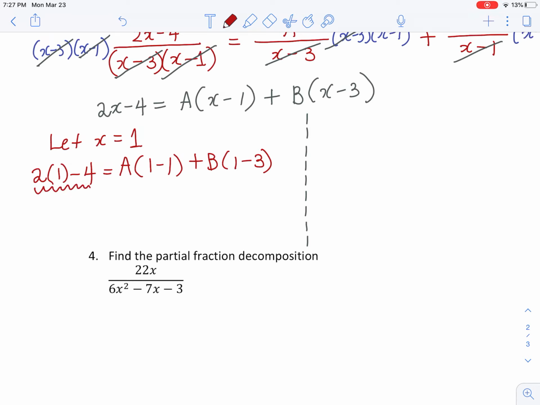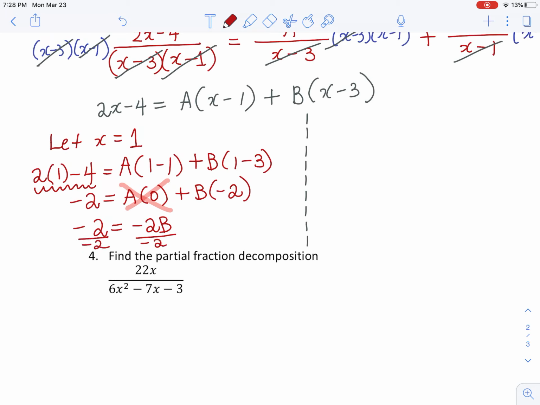The left side, 2 minus 4 will give you negative 2. This will be A times 0 plus B times negative 2. Notice this cancels out. Then you're left with negative 2 equals negative 2 times B. Then we divide both sides by negative 2. We get B to be positive 1.